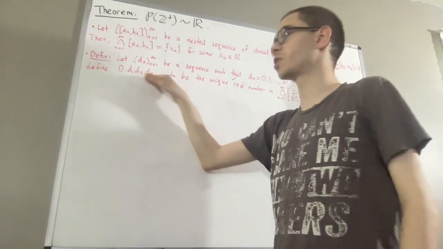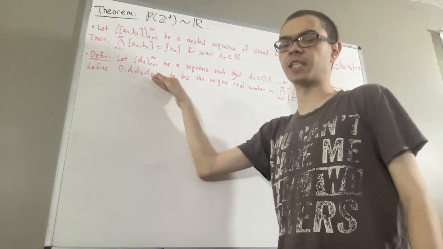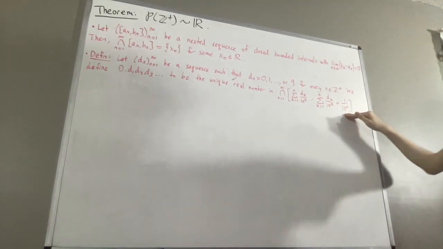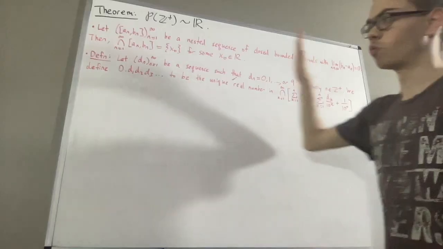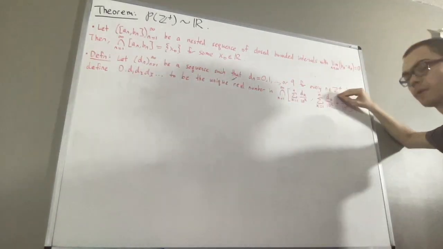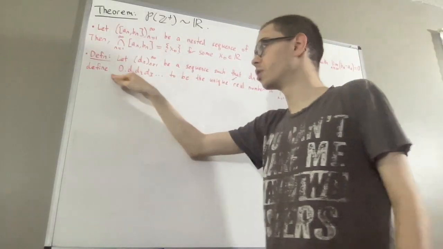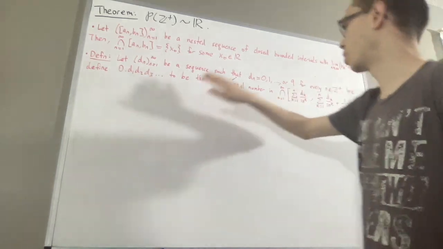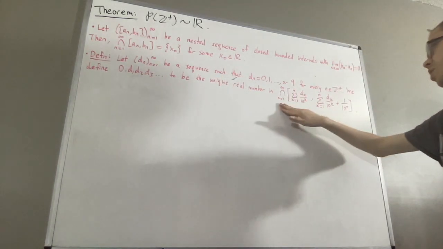Now, this is just the notation we're using to represent the unique real number which belongs to this intersection of closed intervals. What we're doing here is we're mapping each sequence of this type to a real number, such that this is the only real number which belongs to this set.